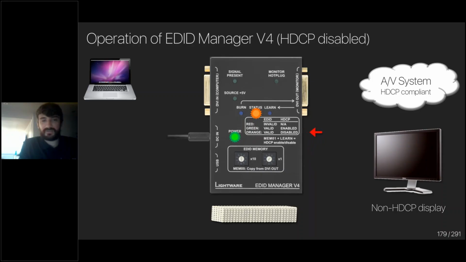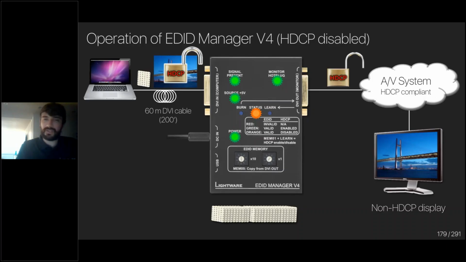When it's green, HDCP is enabled. When it's orange, it's disabled. And we can just connect that in front of the HDCP compliant AV system, and we can still present from the laptop, the Apple device, to a non-compliant display.